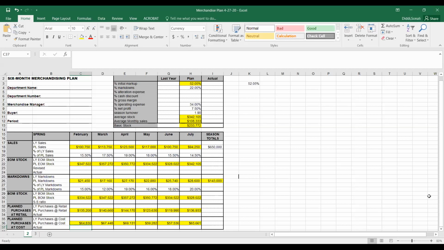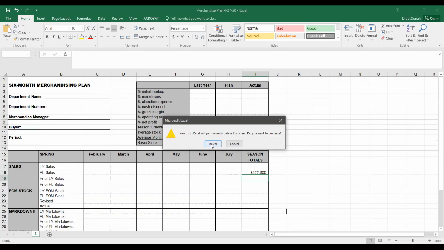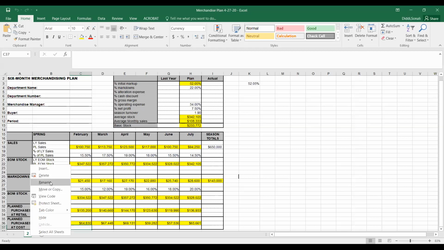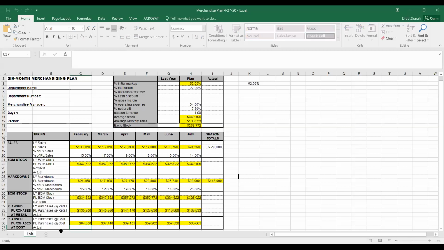Let's wait for a minute or two. If you see here, I just renamed this as lab 8.1.